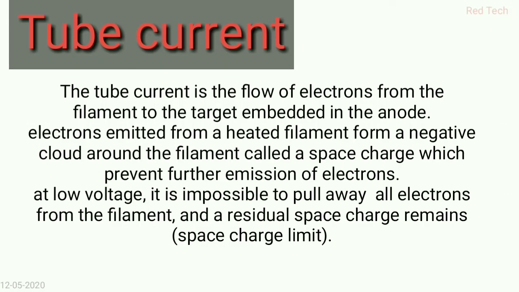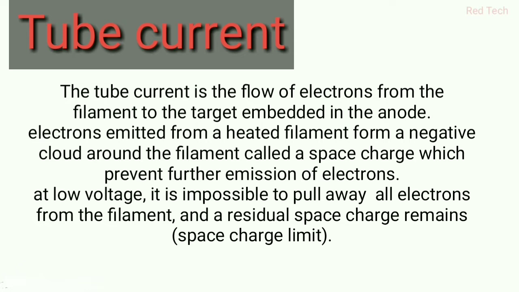Tube current. Tube current basically refers to the flow of electrons from the filament to the target embedded in the anode, meaning energetic electrons flowing from the filament to the target, or anode. Electrons are emitted from a heated filament.